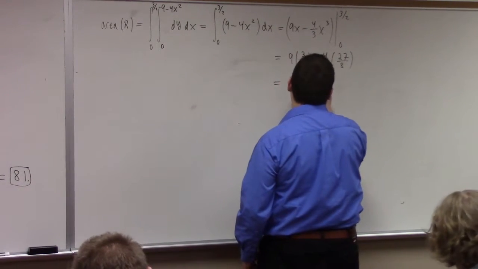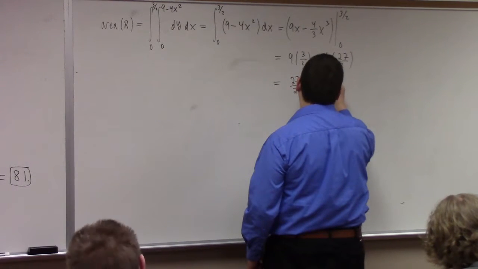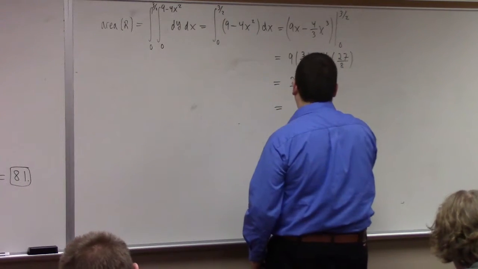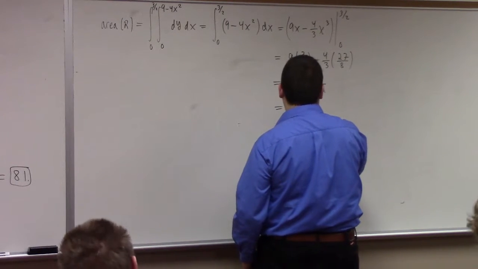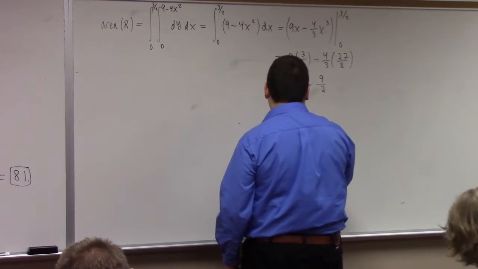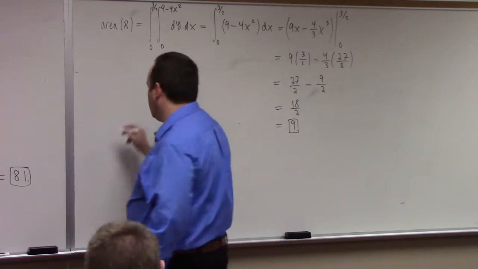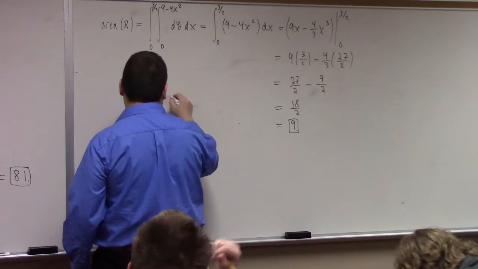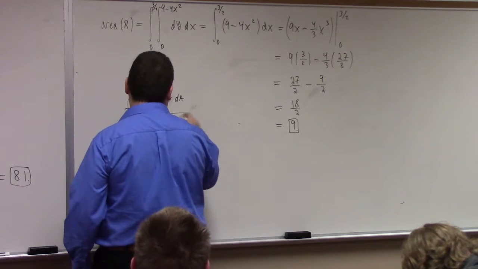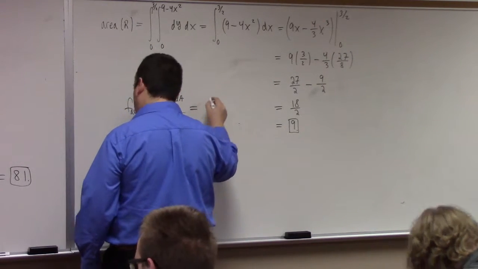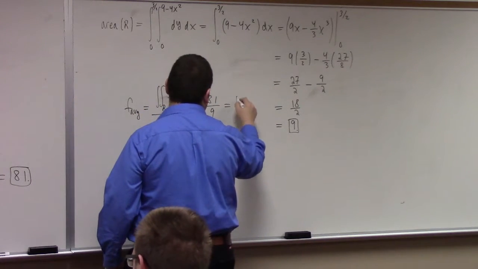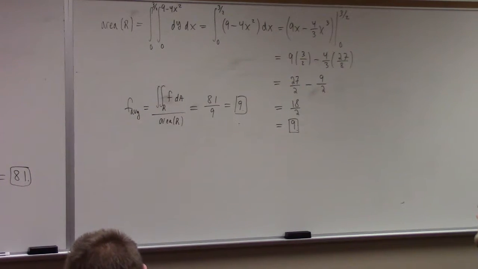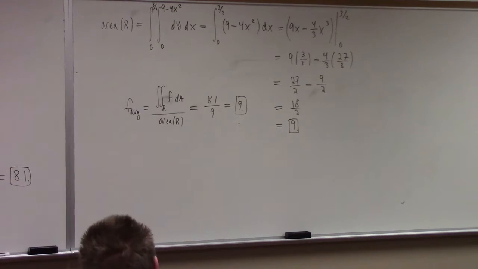That's 27 over 2 minus 9 over 2, also known as 18 over 2, aka 9, is the area. So it's all 9. 9, 9, 9.